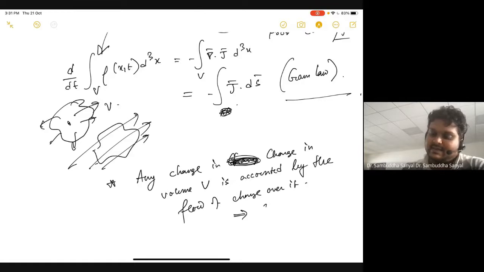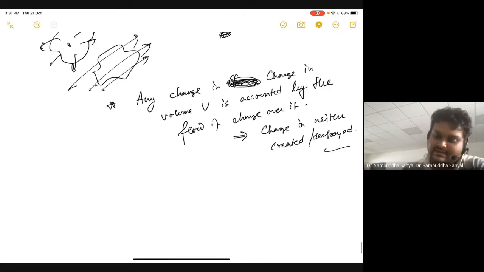So that is basically, it says charge is neither created nor destroyed. Now the equivalence, it's the same thing. It's a global conservation.